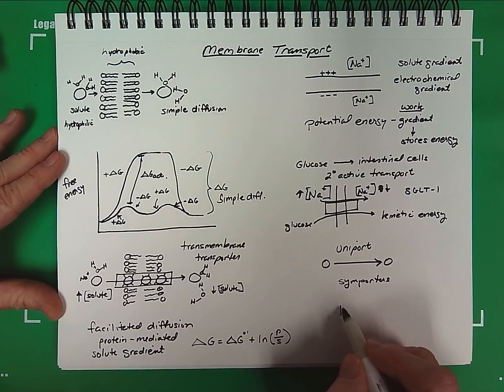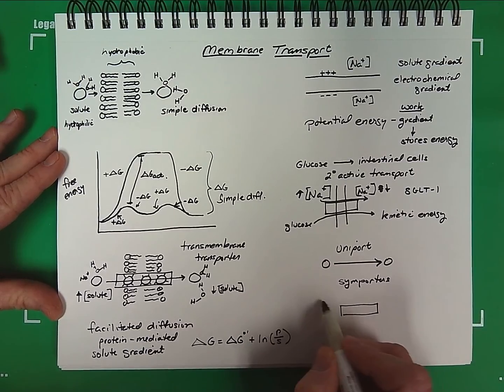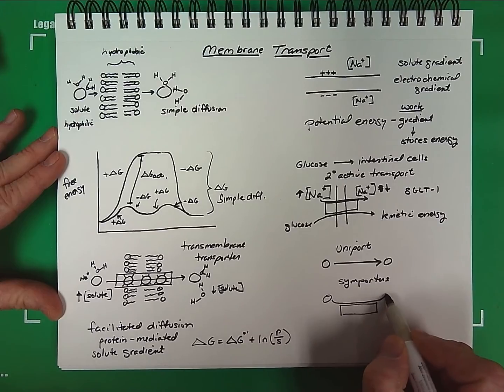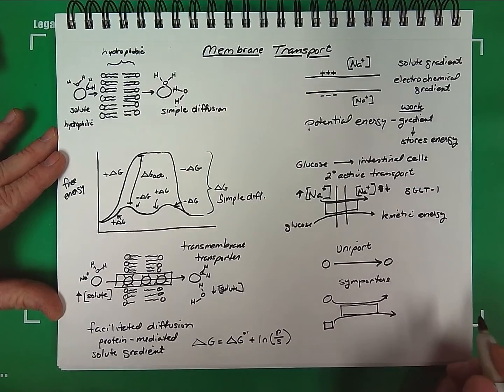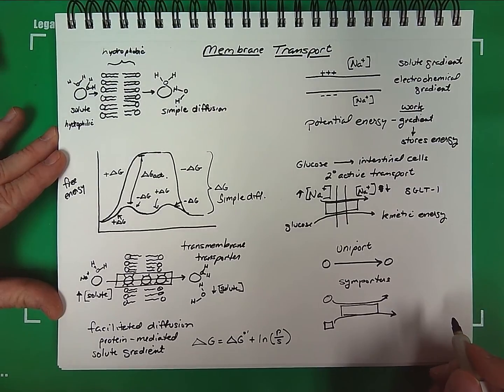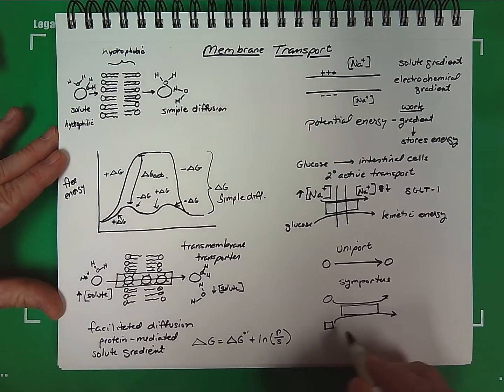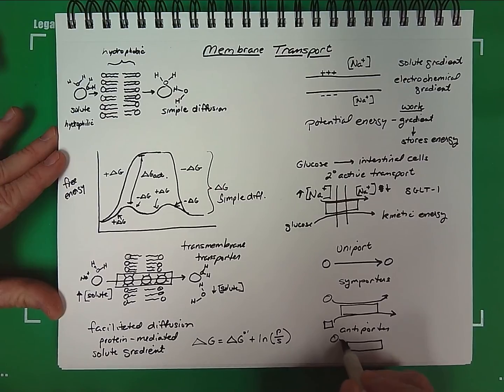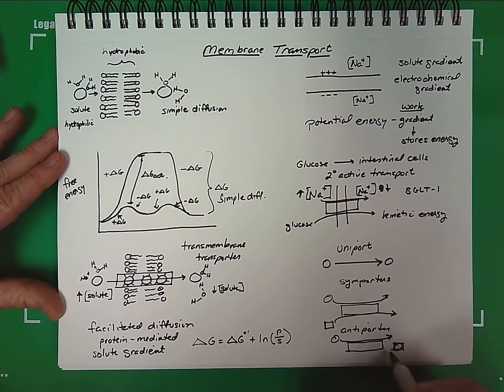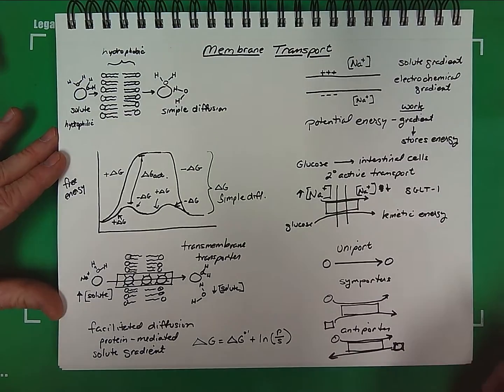In this case, we have a transporter that is moving two molecules, typically different molecules, in the same direction. Or we can have an antiporter. An antiporter is simply a transporter that will move solutes in opposite directions.